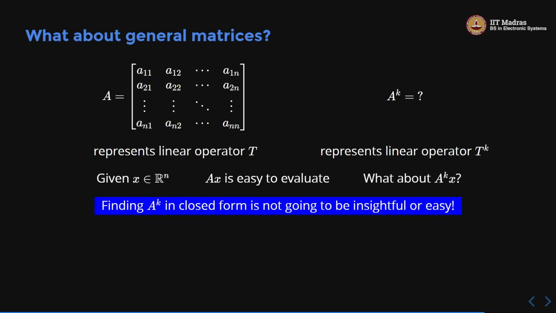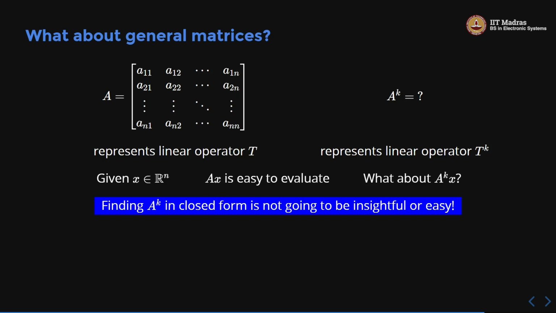That's the big moral of all these calculations we saw. But we saw some nice patterns, and we'll come back and try to explain them. Just trying to do A power k in closed form is not going to take you far, particularly when A becomes large. If it goes to 1000 by 1000, you're not going to be able to keep track of 10 power 6 values and how they change. It's not going to be easy at all.